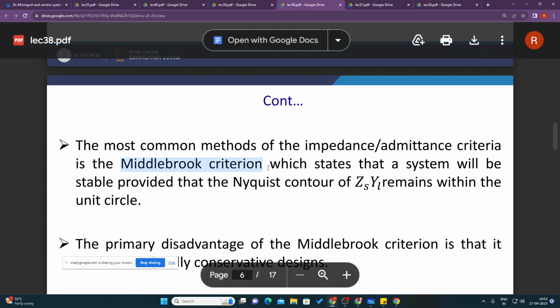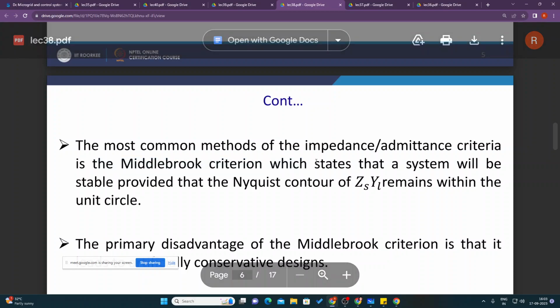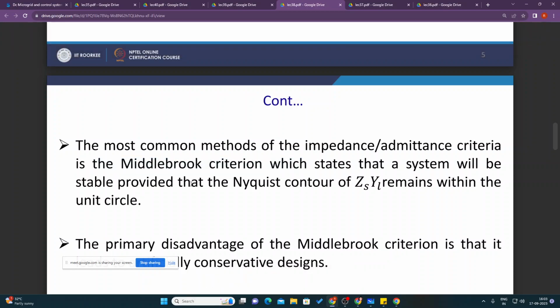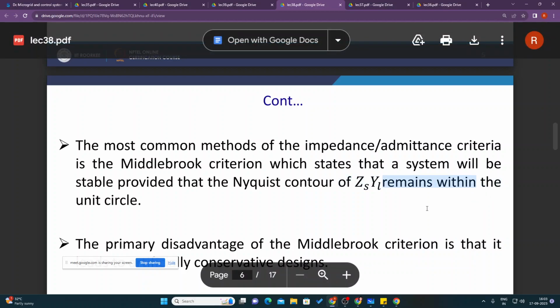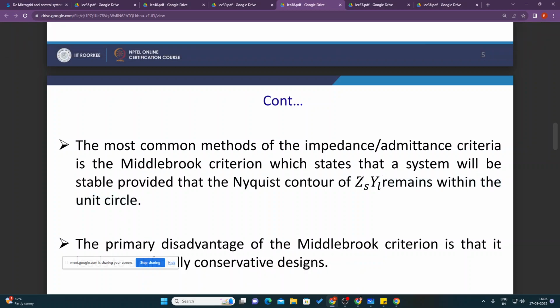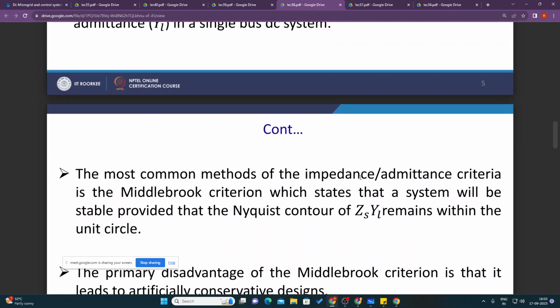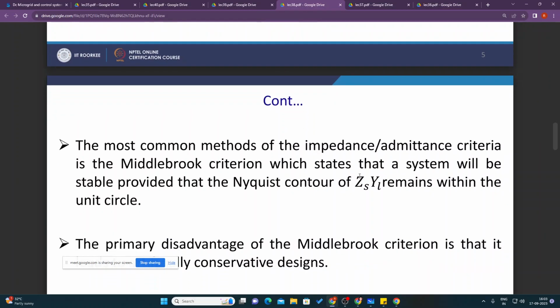So what does the Middlebrook criterion state? It states that a system will be stable provided that the Nyquist contour of ZS·YL remains within the unit circle. Now what is ZS? ZS is the source impedance of the converter and YL is the load admittance of the connected load.